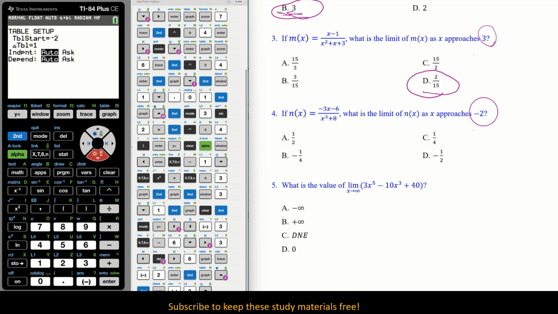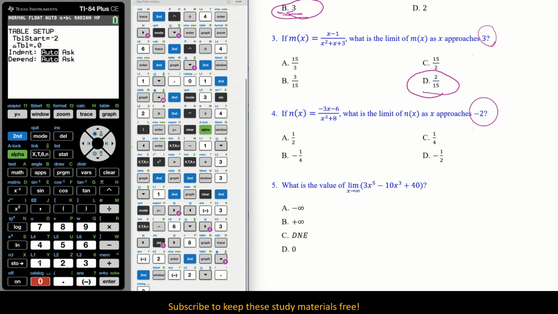And then what I want to do is get as close to -2 as I can, but I need a decimal to do that. So let's see if we can change it to decimals. So 0.01. I'm doing 0.01 because I want 2 places past the decimal, 2 digits beyond the decimal.